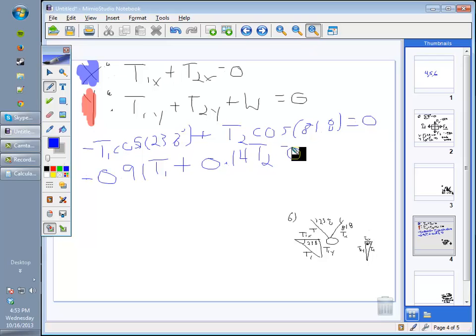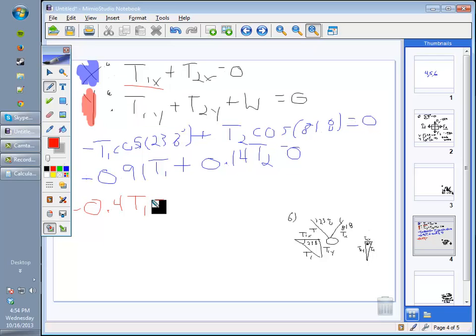And I'm just going to go ahead and do the same thing to my y, and I said I'll do that in red. So T1y is going to be the same thing but using sine, and sine of 23.8 degrees is 0.4. So I've got 0.4 T1, sorry, that's T1y. And that's to the left, so I make that negative.